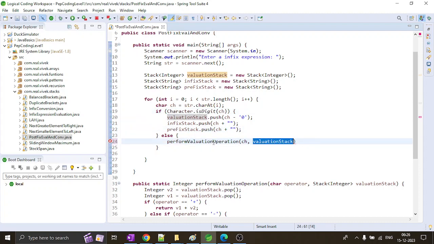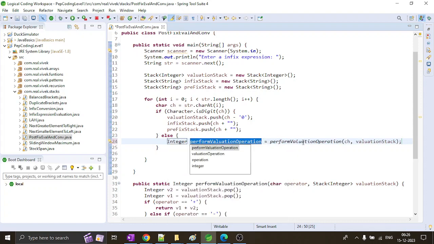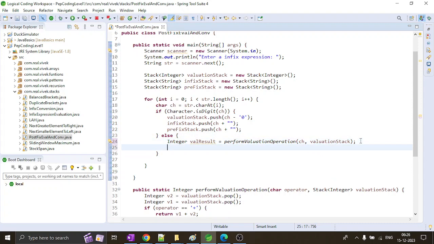And then for the valuation operation, we give the valuation stack. We get the result, val result, let's say. Then we push into the valuation stack.